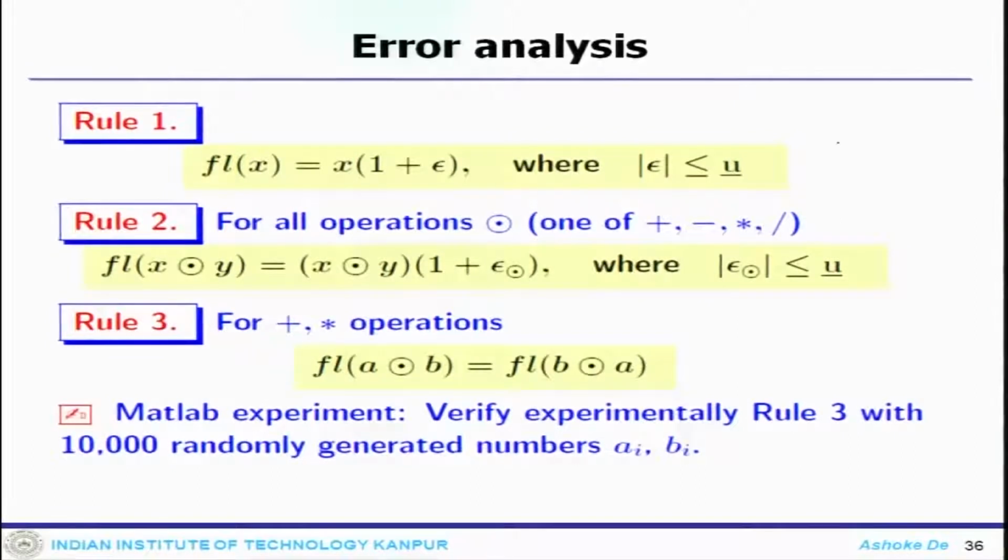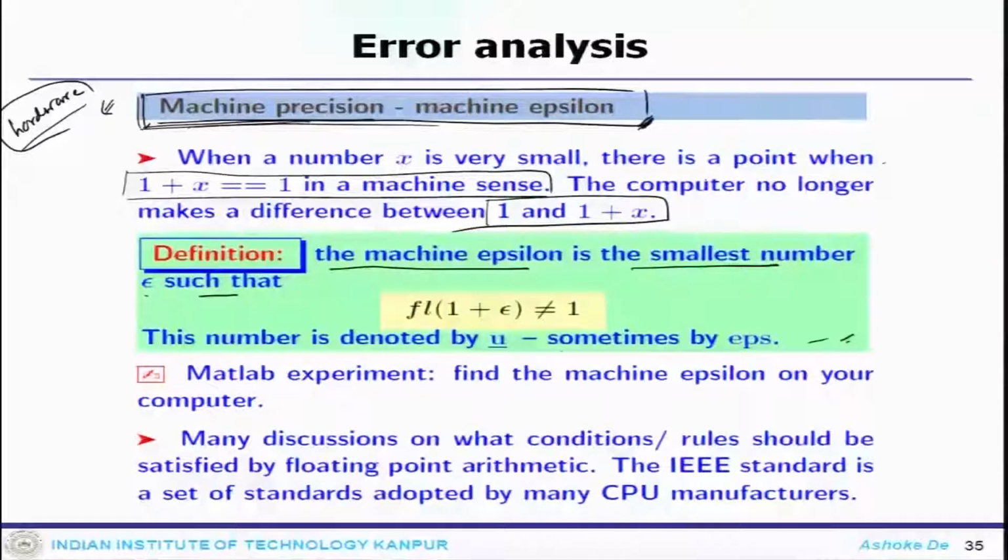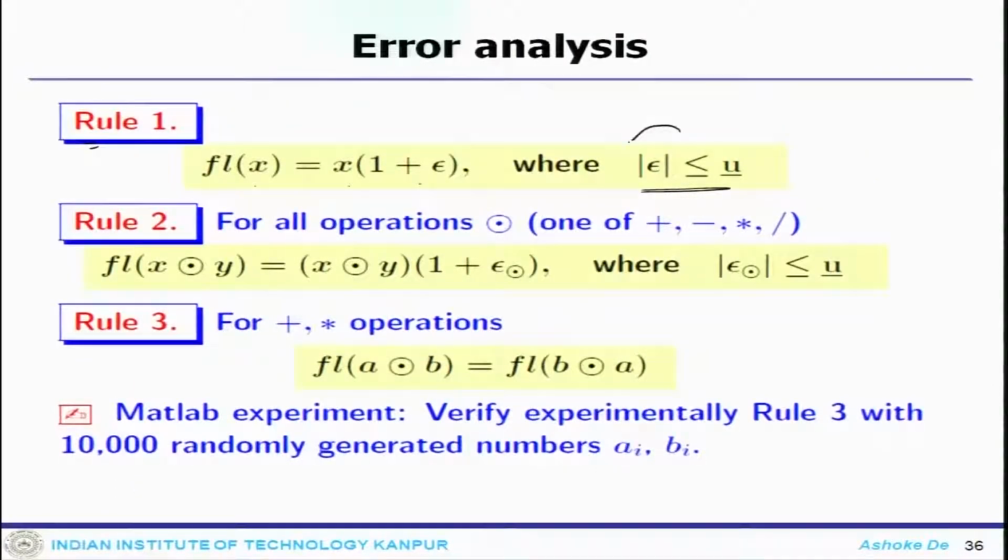Rule number 1 says FL(x) equals x times (1 plus epsilon), where epsilon is very small, and absolute value of epsilon is less than or equal to u.